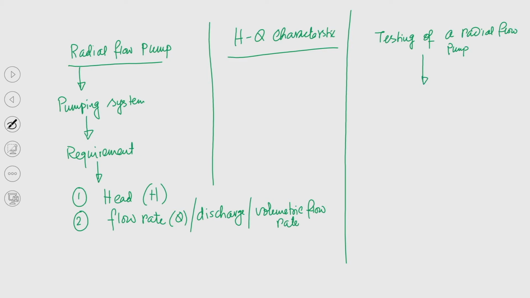You can understand the objective is to provide the H-Q curve, not only that, efficiency versus Q and power versus Q. So, all these characteristics curves should be prepared from the testing data. So, now we shall quickly move to the next slide.